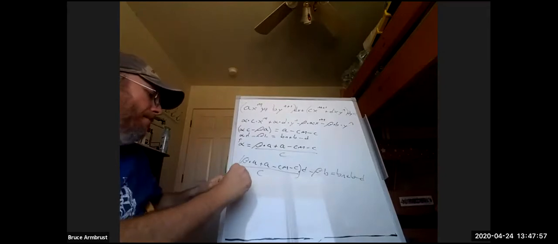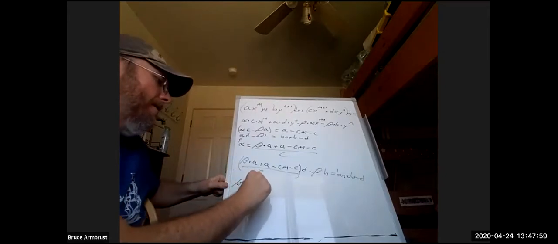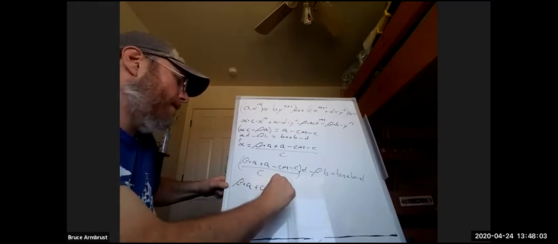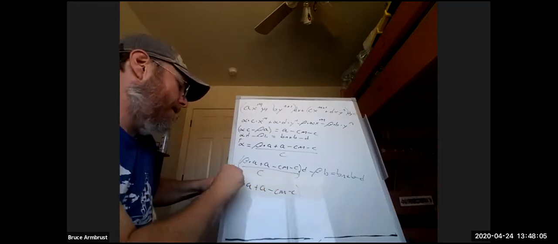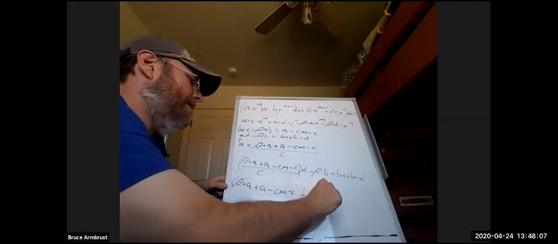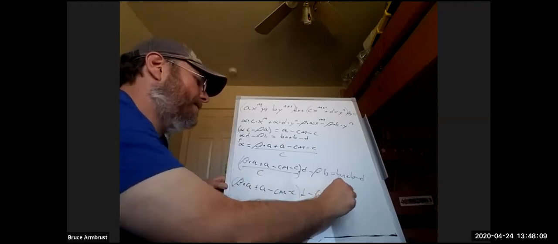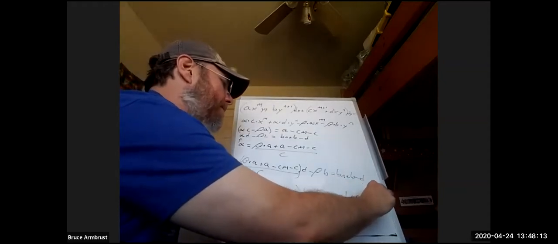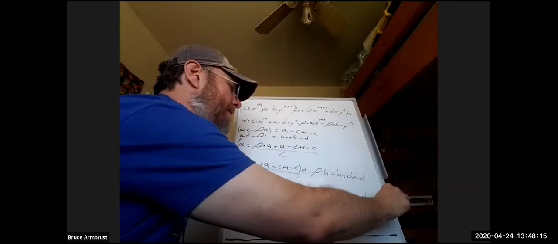So I'm going to get beta times A plus A minus Cm minus C, and all that times D, minus beta times BC equals BNC plus BC minus DC.